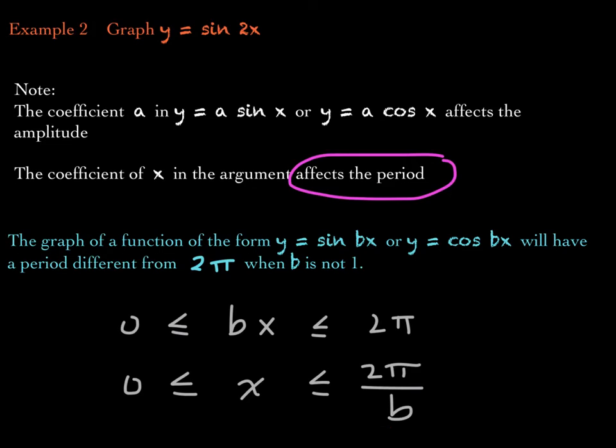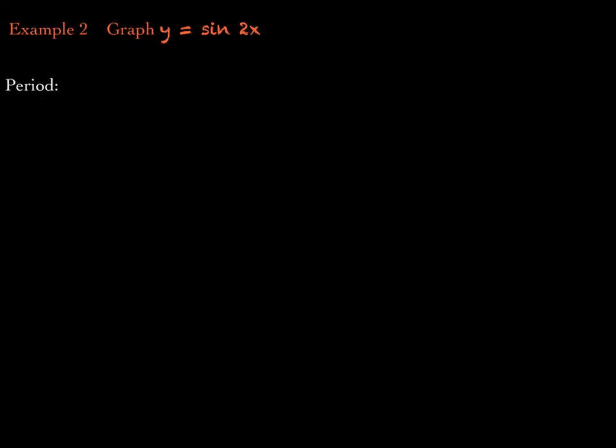So let's use this information to graph the function that's been given to us, y equals sine of 2x. Now, the first thing I like to do many times is to determine the period. We just discovered that for sine and cosine, the period will always be 2 pi divided by b. In this particular example, your b value is 2, right? It's right here. That's your b value.